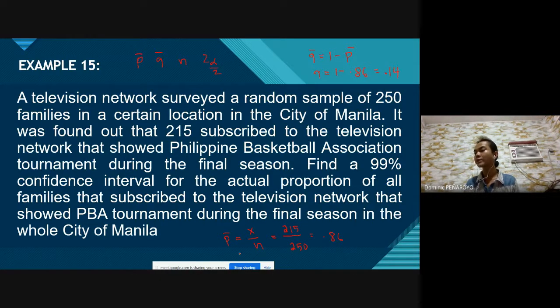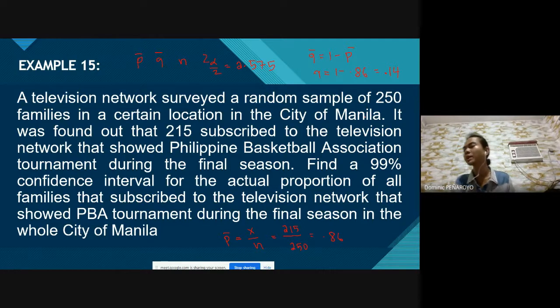So, check na tayo sa ating P-bar, Q-bar, meron na tayo, N natin is 250. Next is the Z alpha over 2. Dito, sabi, 99% confidence level. The Z alpha over 2 for 99% is 2.575. So, lahat na meron tayo.